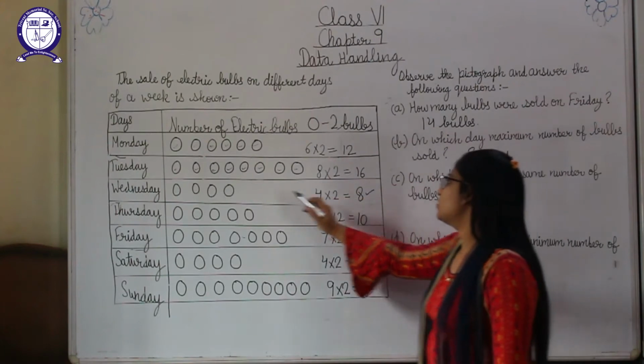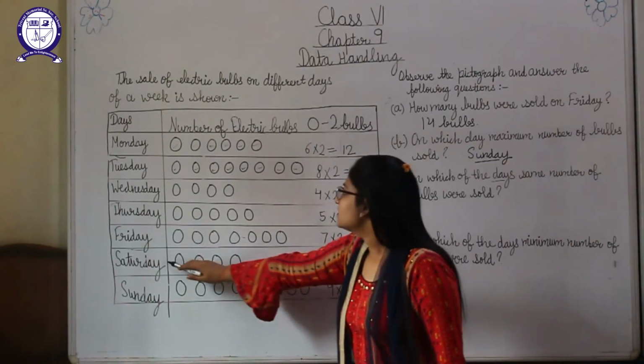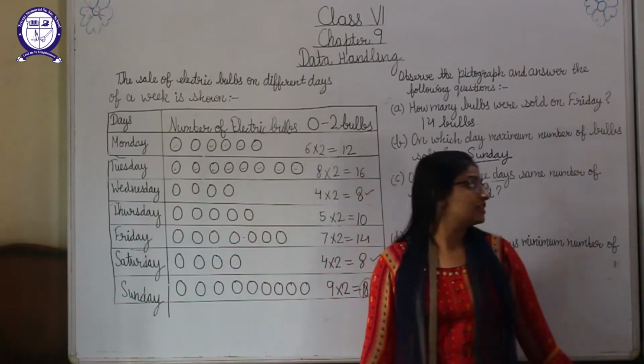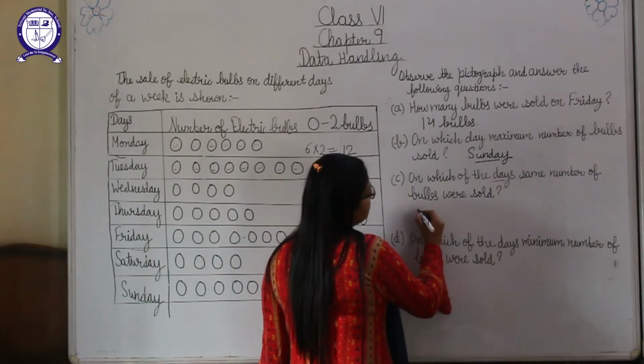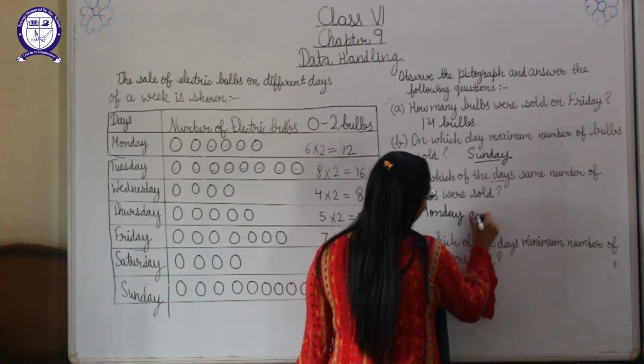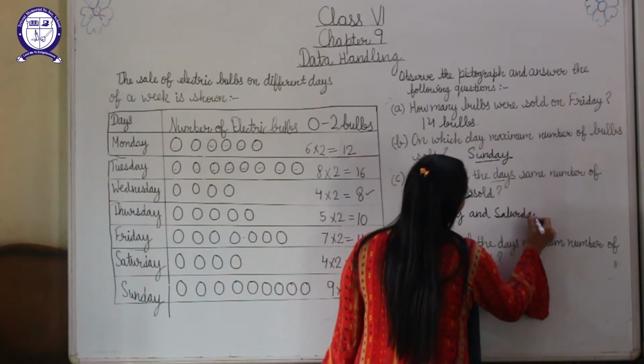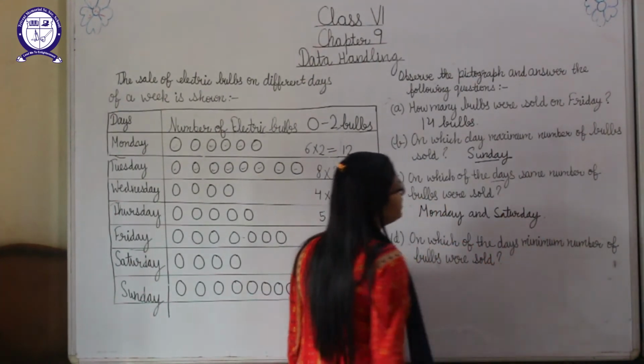We will write that on Wednesday, as this 8 is for Wednesday and this is for Saturday. So on Wednesday and Saturday the same number of bulbs were sold. And how many bulbs? 8 bulbs on each day.